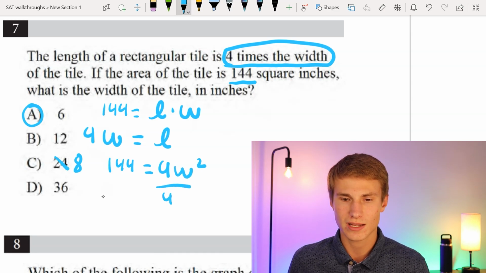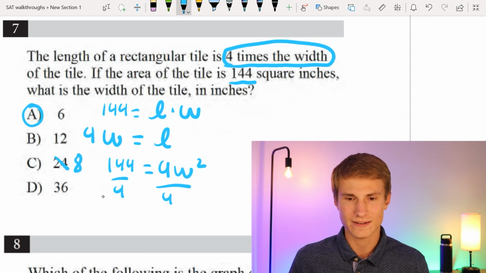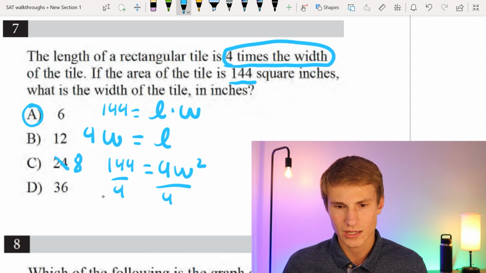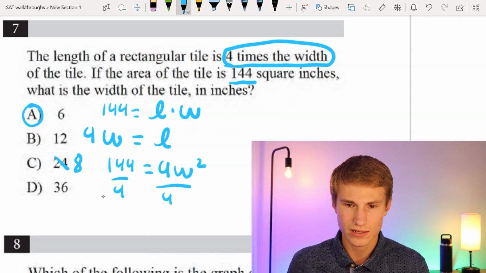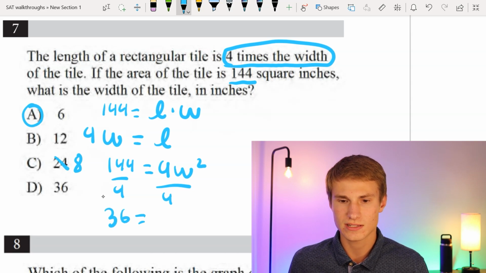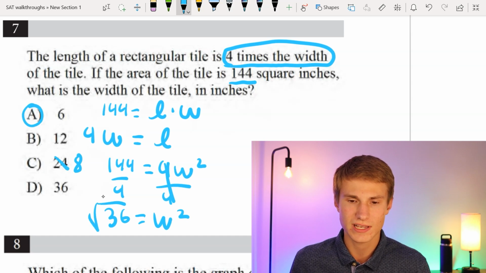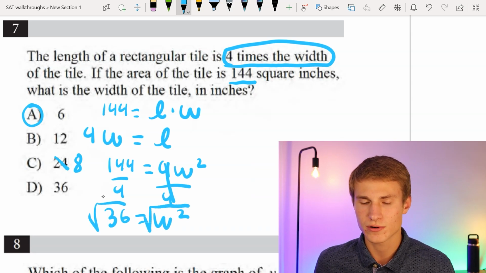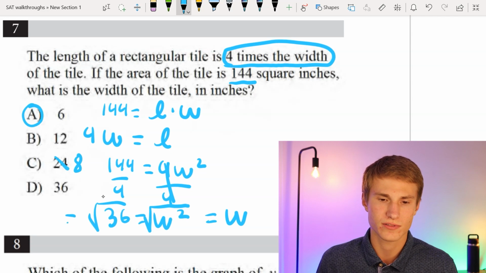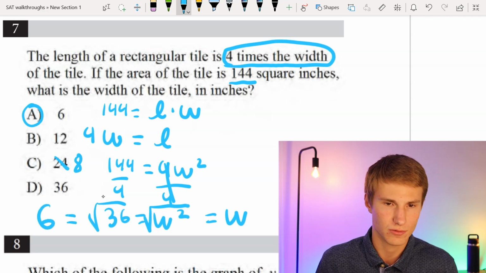From there, you divide each side by 4. 144 divided by 4 is going to end up giving you 36. So you'd have 36 equals W squared. Now from there, you'd take the square root of each side to solve for W. You know that the square root of W squared is going to give you W, and you know the square root of 36 is going to give you 6, so your answer there would be A.